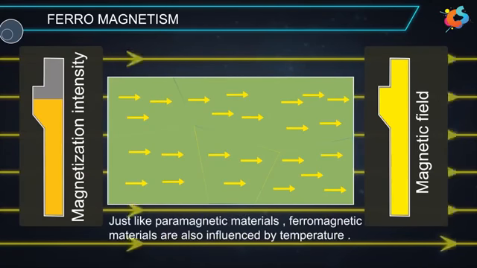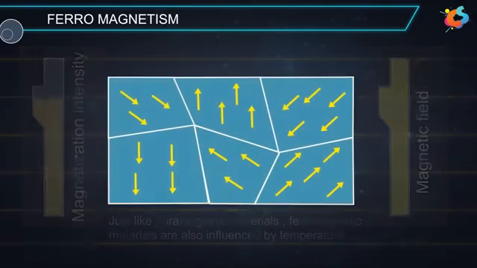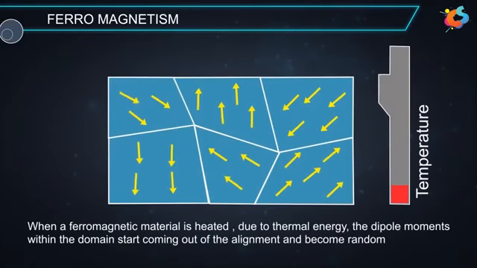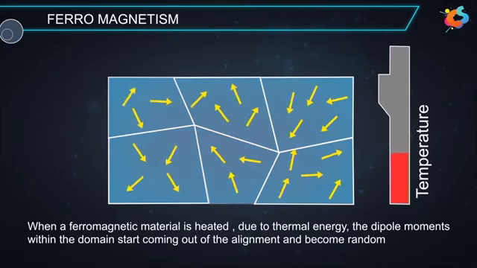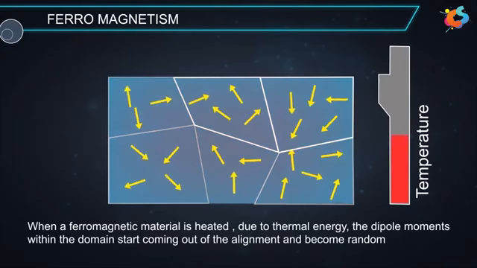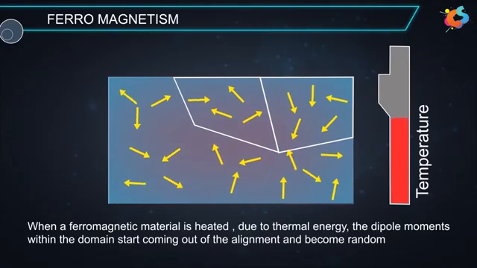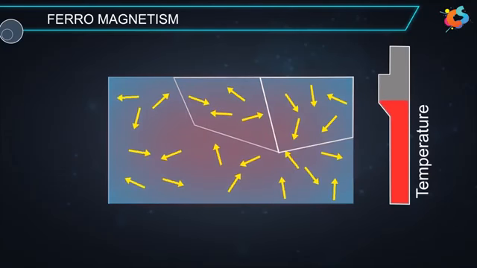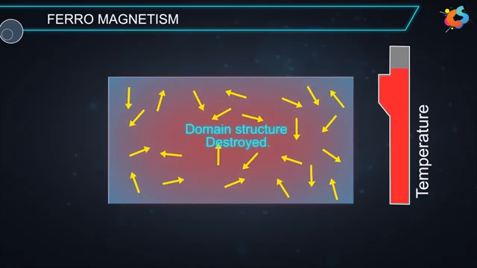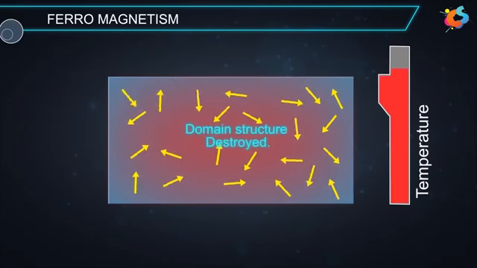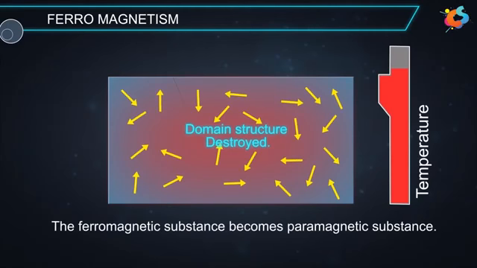Just like paramagnetic materials, ferromagnetic materials are also influenced by temperature. When a ferromagnetic material is heated, due to thermal energy the dipole moments within the domains start coming out of alignment and become random. The randomization goes on increasing. Then, at a particular temperature, the domain structure becomes completely destroyed and the ferromagnetic substance becomes a paramagnetic substance.